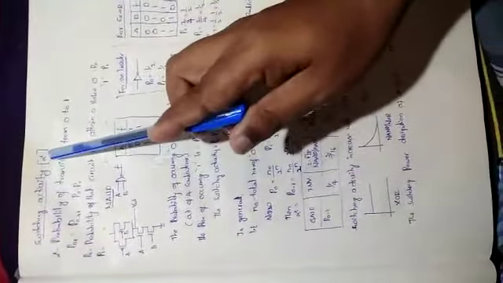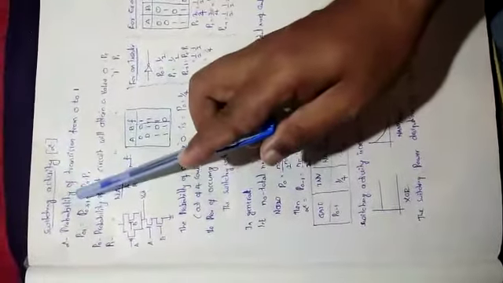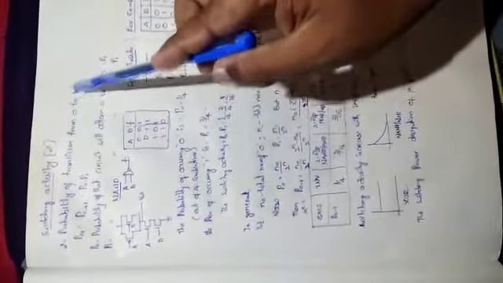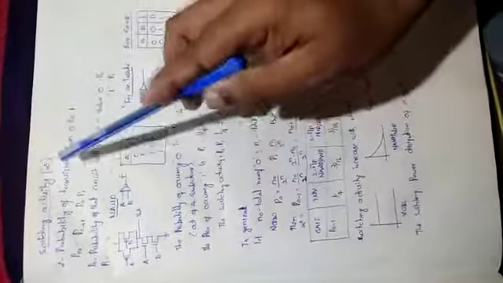Switching activity means the probability of transition from 0 to 1, and it is represented with alpha.